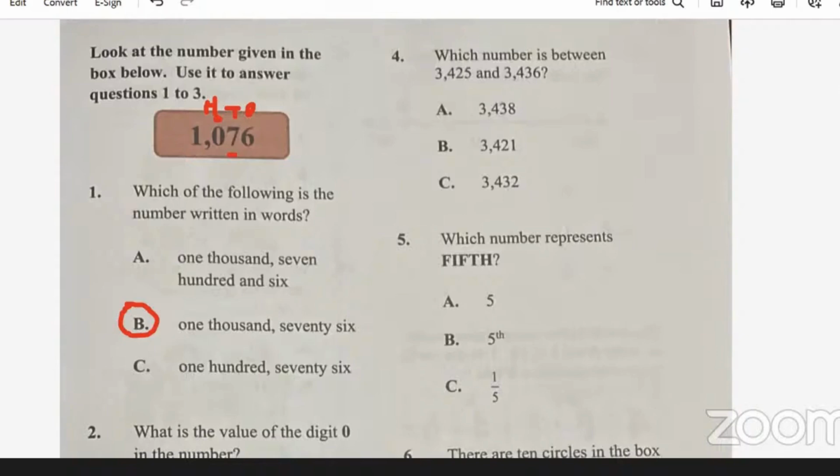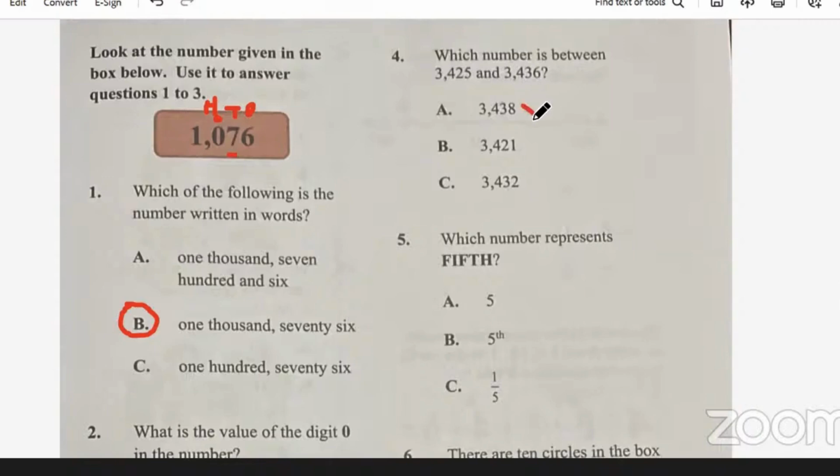Which number is between 3,425 and 3,436? Is it A, 3,438? Of course, this is more than the number, so it doesn't fall between. It says between, so we're looking for a number that is greater than the first number but less than the second number.